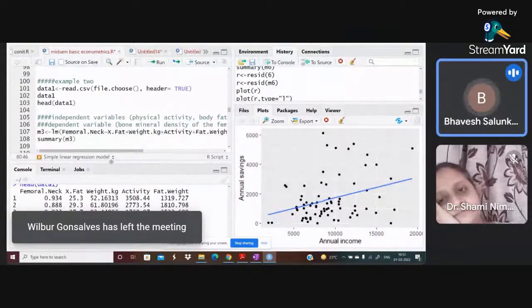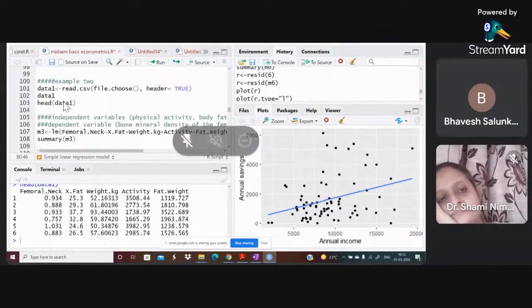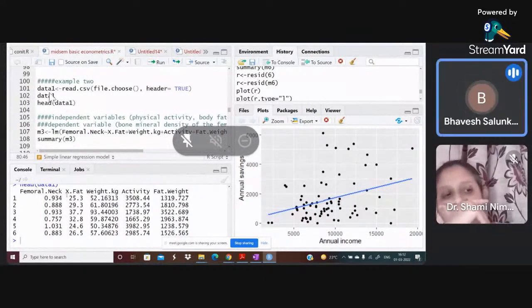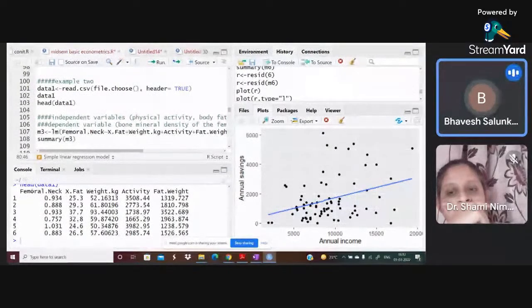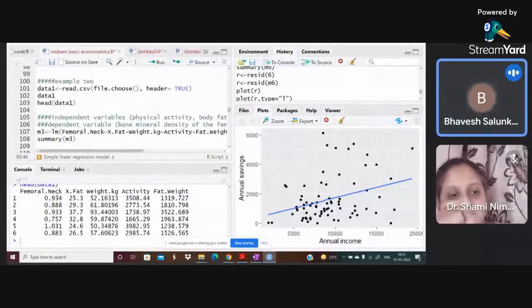So if you see, in this data set there are a total of 4 variables. One dependent variable called femoral.neck. Now this data is not from our field; it is from the medical field. But to make you understand the problem of multicollinearity, this is a very good data set that gives you more insights regarding this problem.